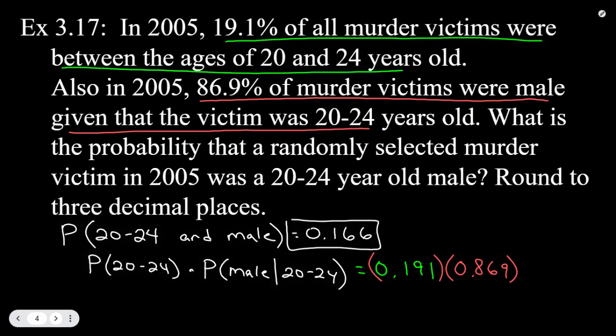That is the chance that one of the murder victims was 20 to 24 years old and male. Notice it has to be smaller than both of these numbers because you're multiplying them together. So 19% were 20 to 24, and 16.6% were 20 to 24 and also male.